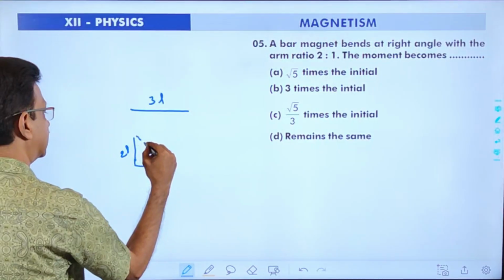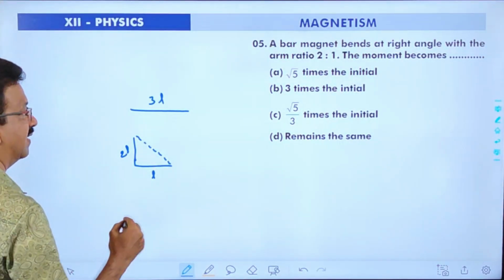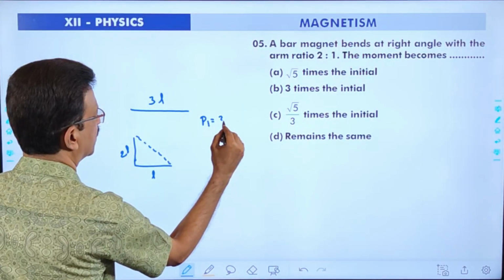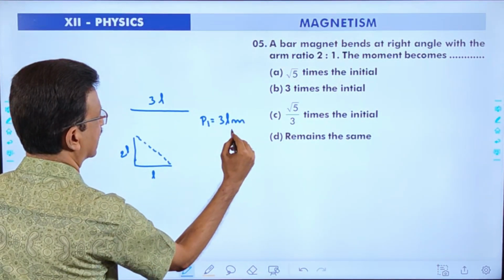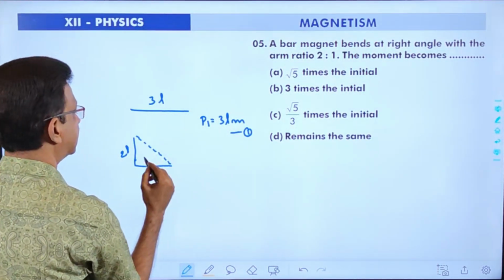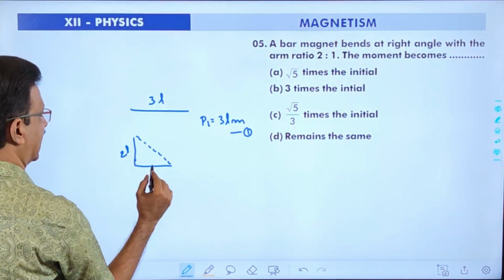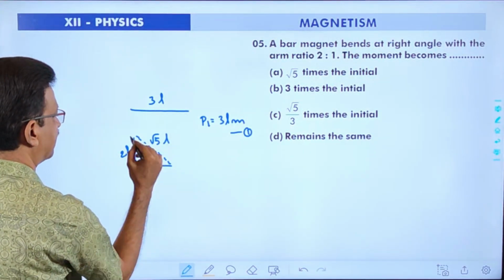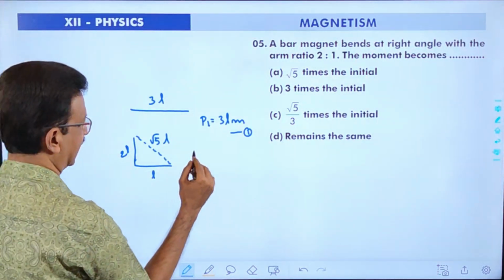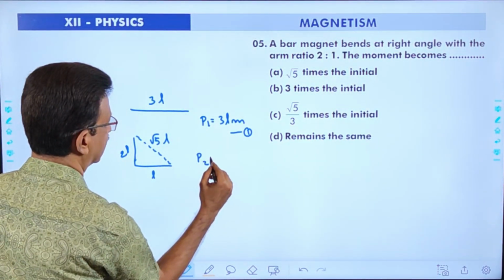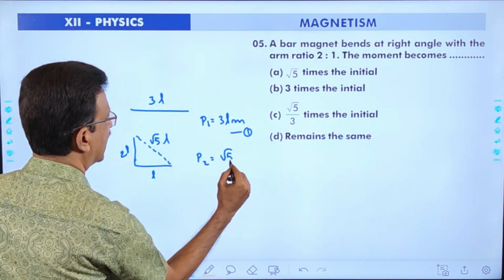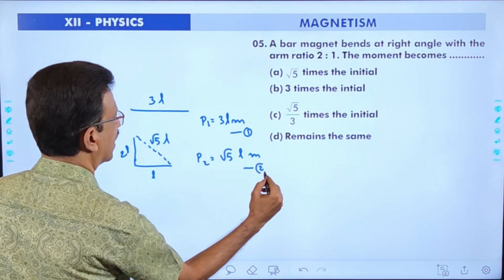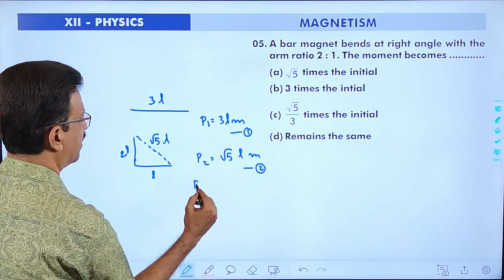In the first case, the moment is P1 equal to 3L into pole strength. In the second case, 2L and L, so root 5L is the separation between the two poles after bending. P2 is root 5L into pole strength. Now, how many times the initial? P2 by P1.